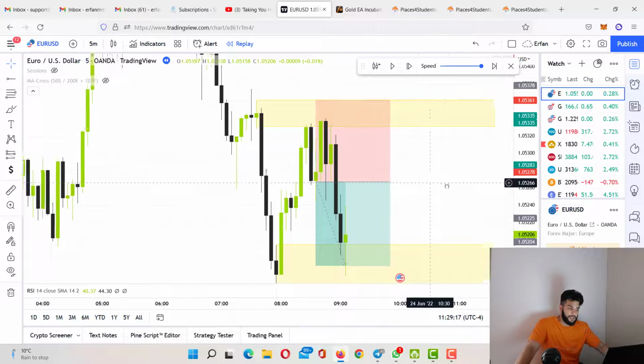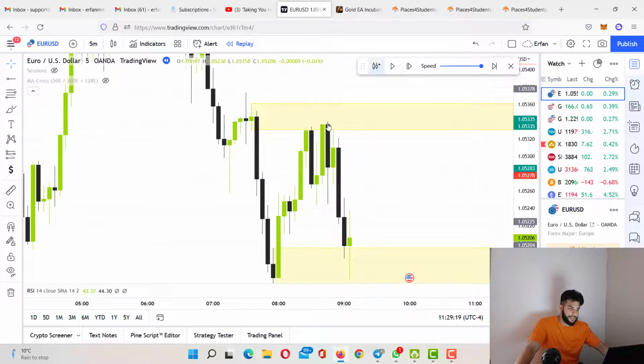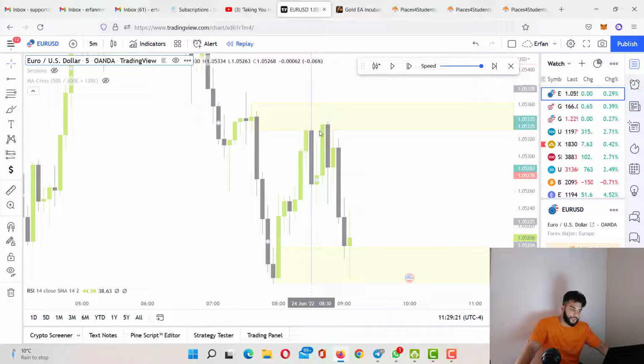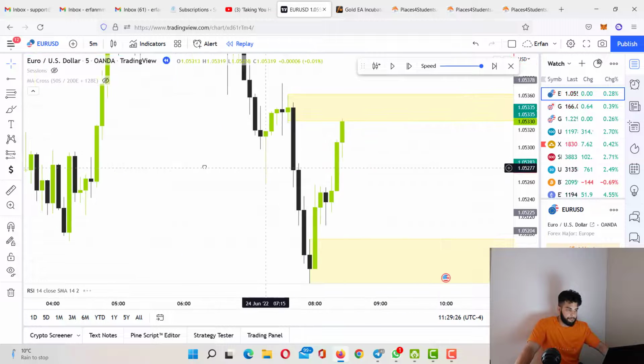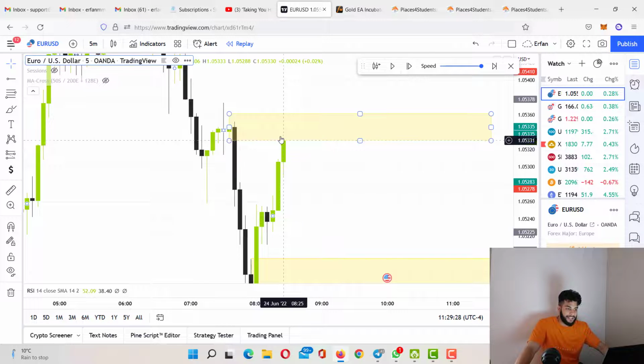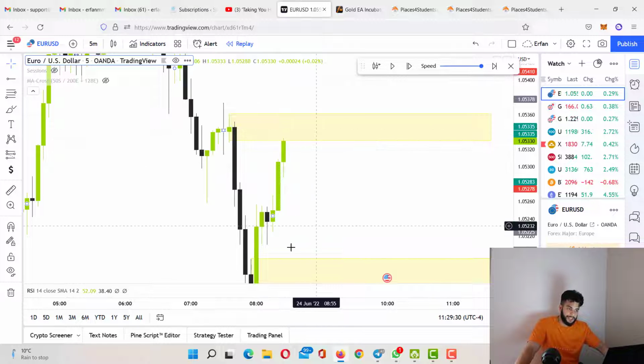But at the same time, I could have done something else. When I see this candle, which is the first candle that hit my zone, I can take action. I can put my sell stop below this candle, and then I can still put my stop loss above the candle and my TP right here. So this is what happens.